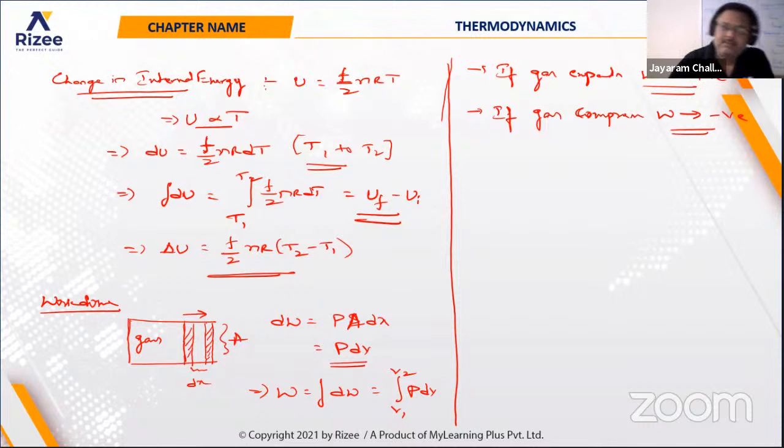Graphically, if you want to find the work done, a clockwise sense is taken as positive and an anti-clockwise sense as negative. For the first law of thermodynamics, work done by the system is taken as positive, and work done on the system is taken as negative. Most of the sums and most of the practice will be done on this first law of thermodynamics.